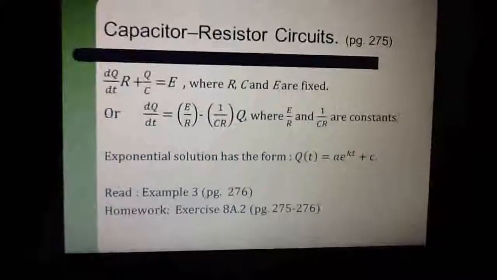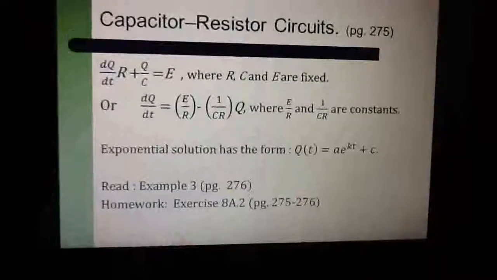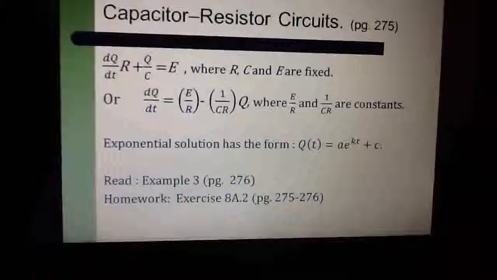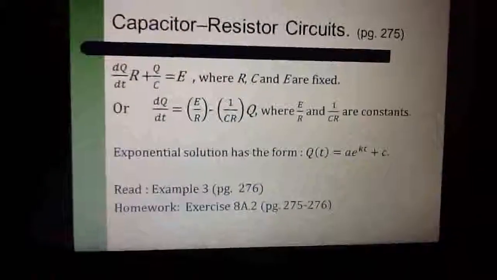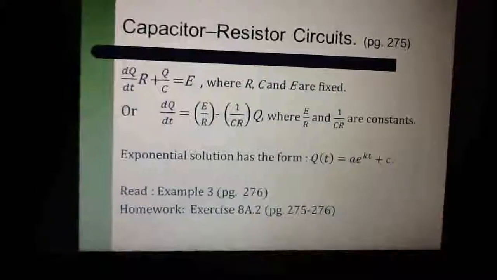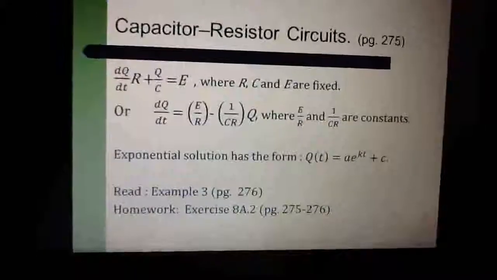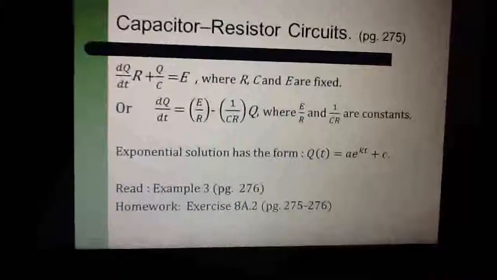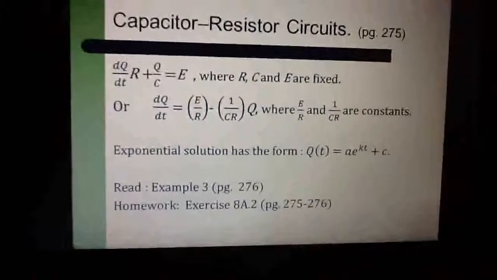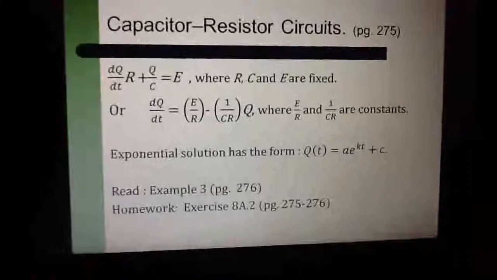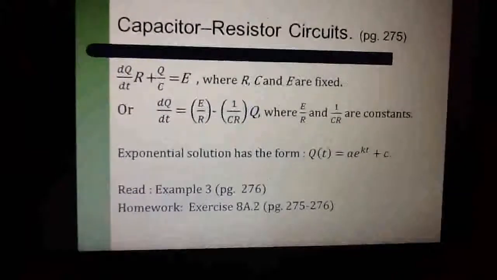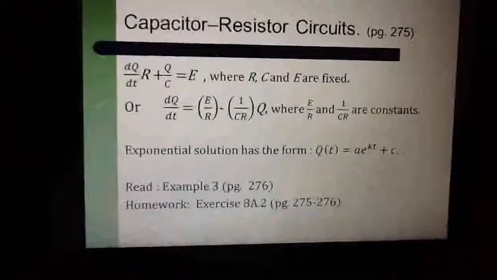When we rearrange this equation, we get dq/dt equals E over R minus 1 over CR times q, where E over R and 1 over CR are constants. The exponential solution has the form q equals ae to the power of kt plus c.